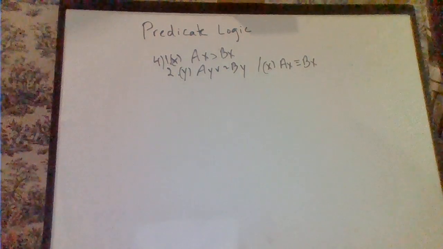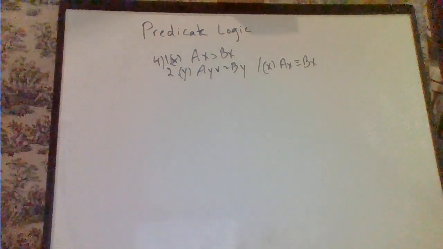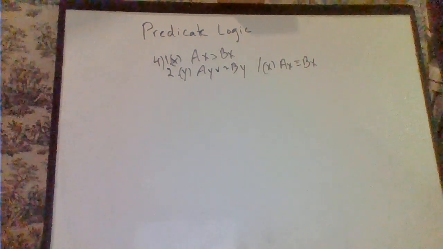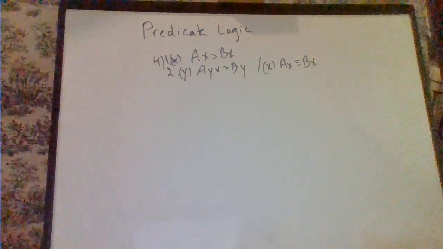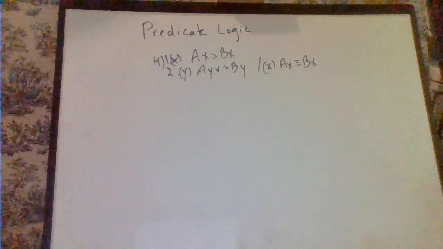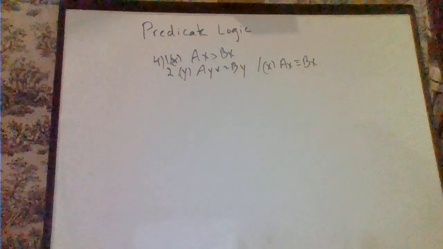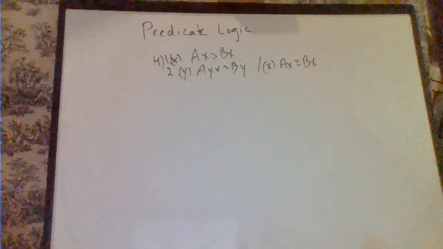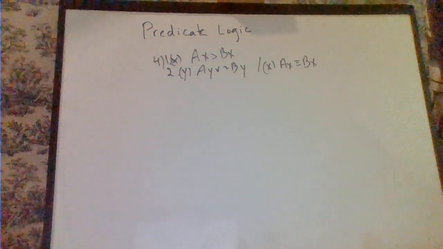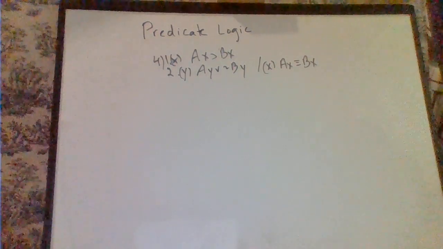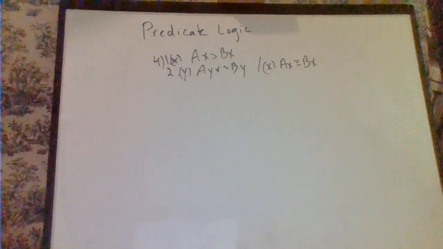Okay, so this one looks maybe a little bit tricky because they've given you x and y, both of which are variables. And the thing to remember here is that even though it's two separate variables, you can replace it with the same letter, which is exactly what we're going to do here.